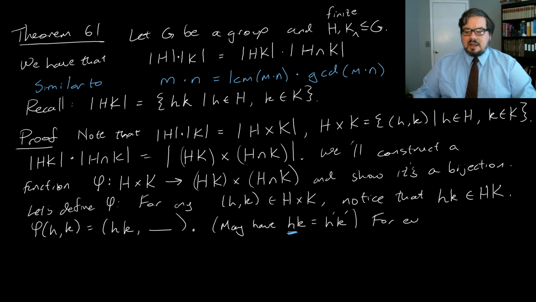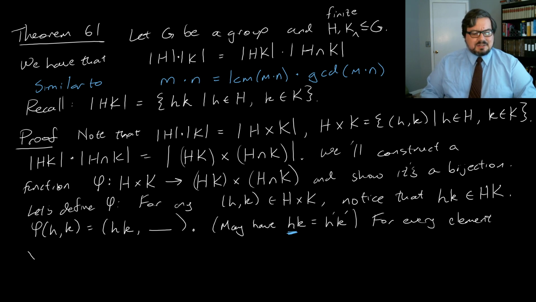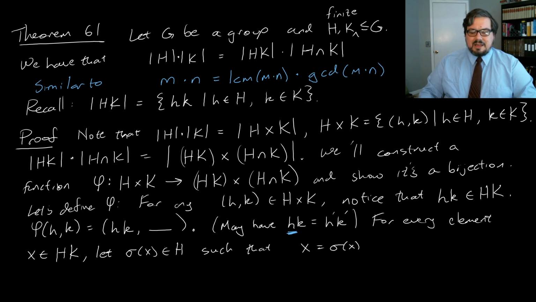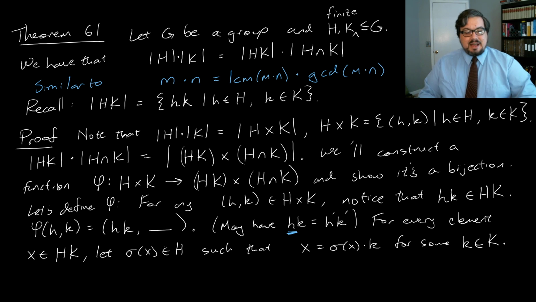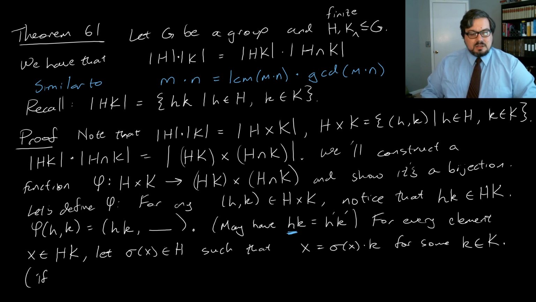So for every element x in HK, we want some notation for this, let's let sigma of x be an h such that x is equal to sigma of x times k for some k in K. So the point here is that if hk is equal to h prime k prime, then sigma of hk will equal sigma of h prime k prime.